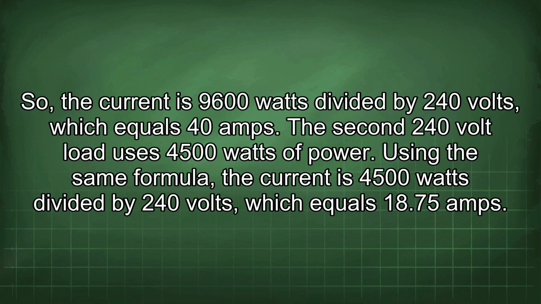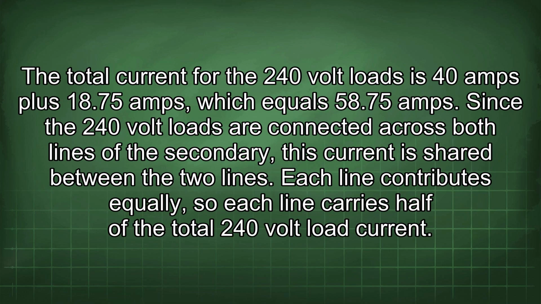The second 240 volt load uses 4,500 watts of power. Using the same formula, the current is 4,500 watts divided by 240 volts, which equals 18.75 amps. The total current for the 240 volt loads is 40 amps plus 18.75 amps, which equals 58.75 amps.